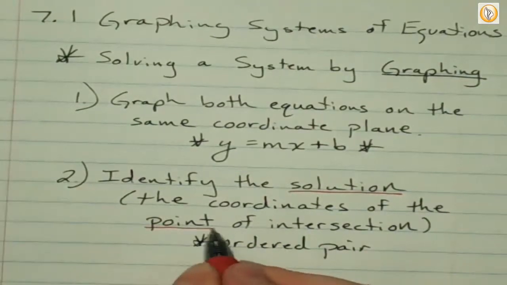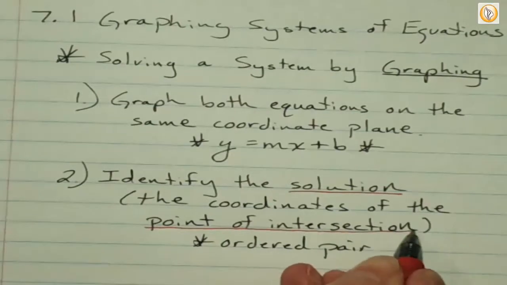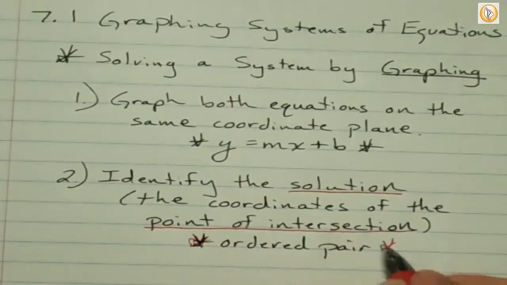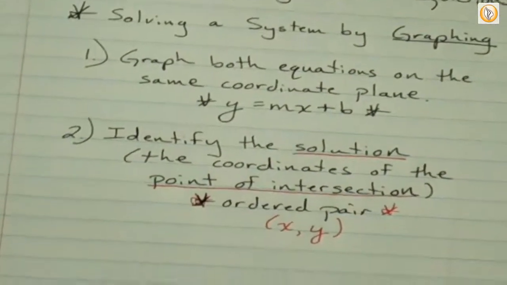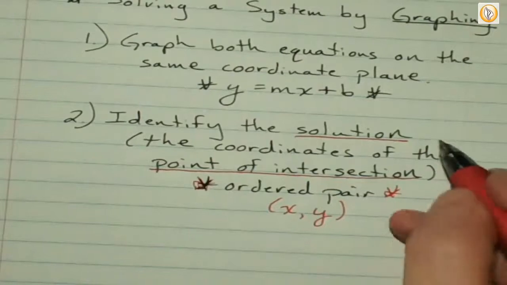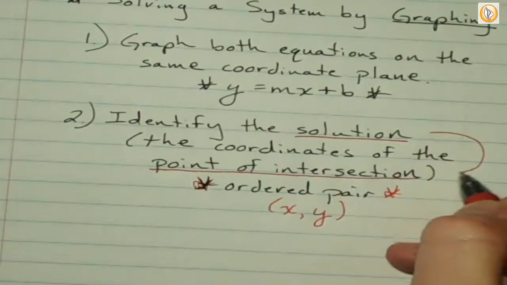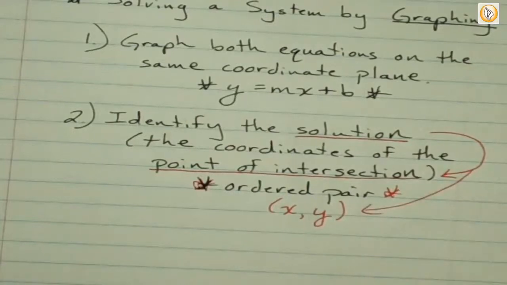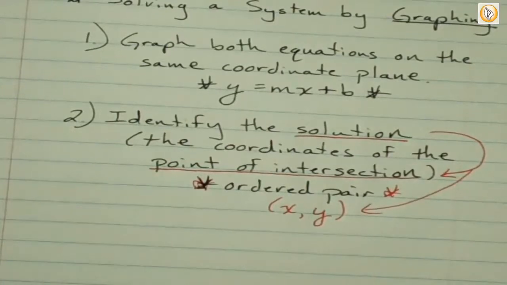It's the point of intersection, your ordered pair, your x and your y. Okay, so the solution is your point of intersection. You're going to graph the two equations, and I don't have one up here.